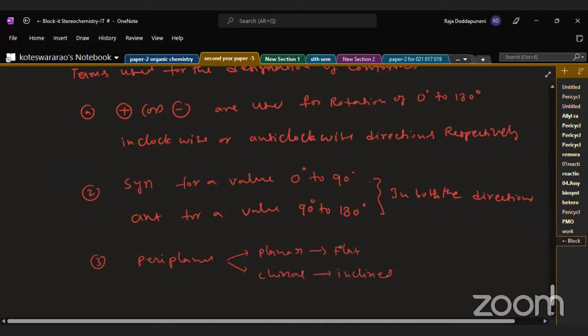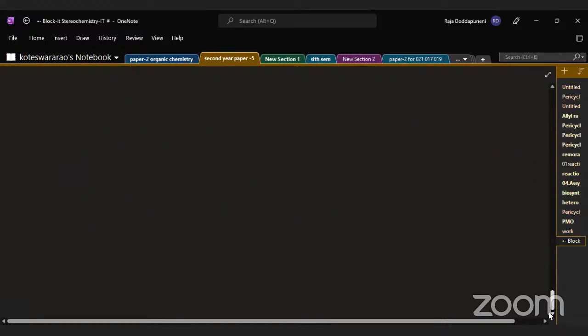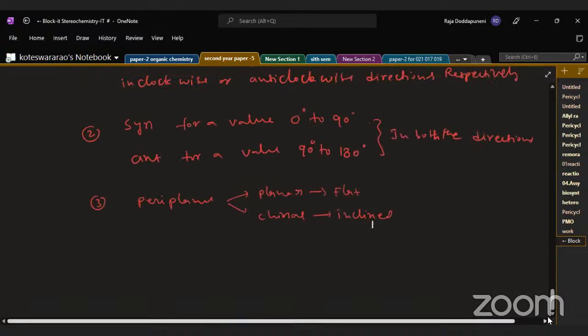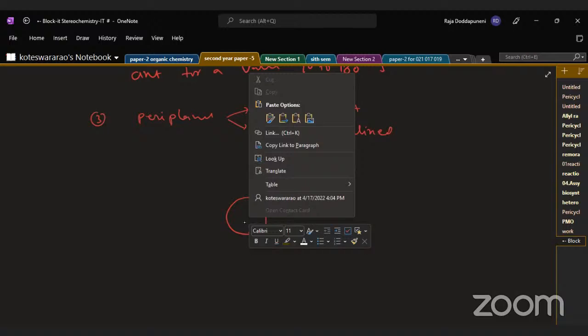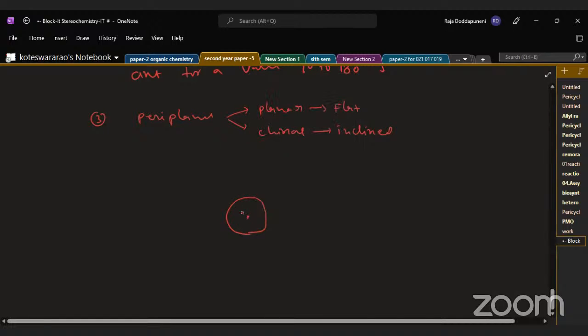Now, these terms can be easily understood when we make a circle. The circle has a certain center. It may not be an exact circle, but just treat it as a circle. I am dividing this circle into two halves.